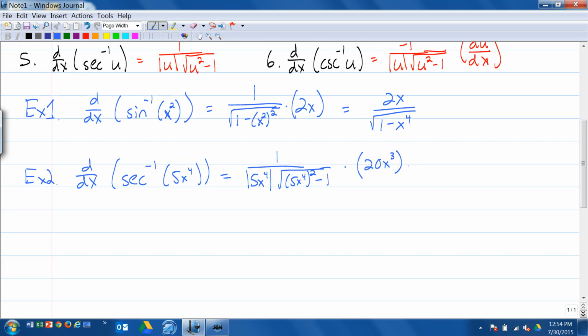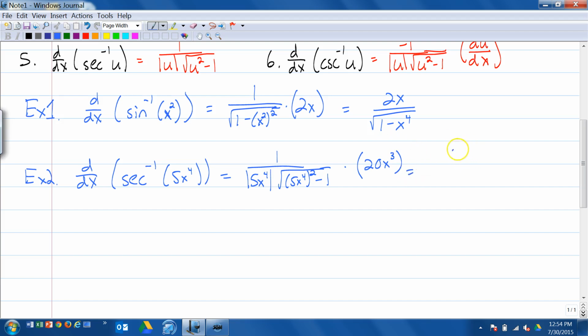So let's see what happens here. Now, note this absolute value of 5x to the 4th. There is nothing that can make that negative inside of there. So this will always be positive regardless, because the 4th power will always make something positive. So the absolute value sign is actually redundant here, so we can get rid of it.